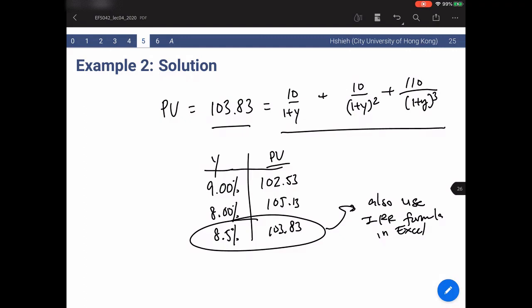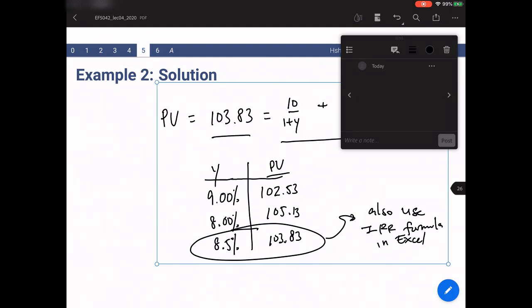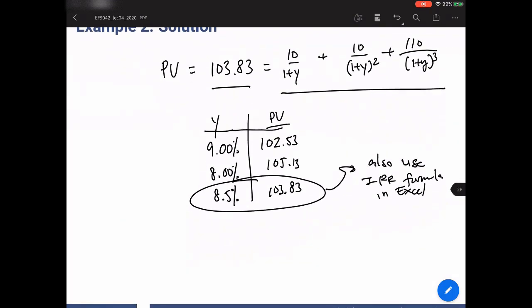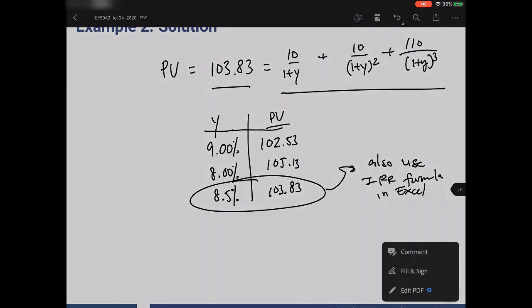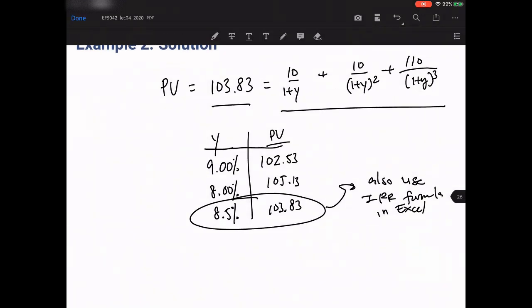So you don't have to worry about finding multiple roots in your IRR, or not being able to find a yield to maturity. There will always be one unique answer. For debt contracts.